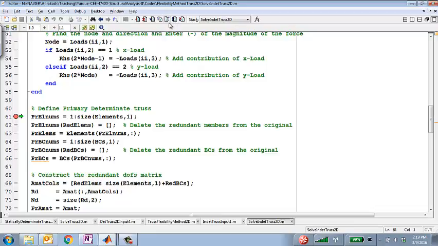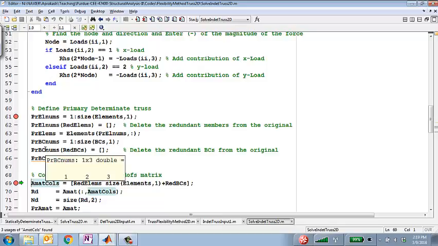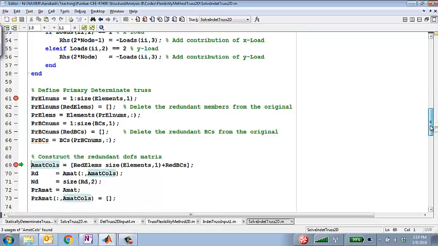So go to that point, and now you should be able to see the primary element numbers, there are 7 elements. So those are the primary elements of the truss. Primary boundary conditions, there are only 1, 2, and 3. The redundant boundary conditions are 4 and 5, as we had seen before.